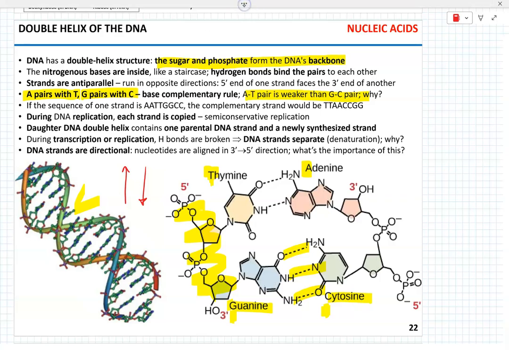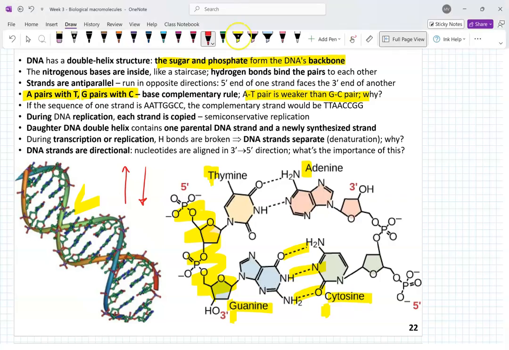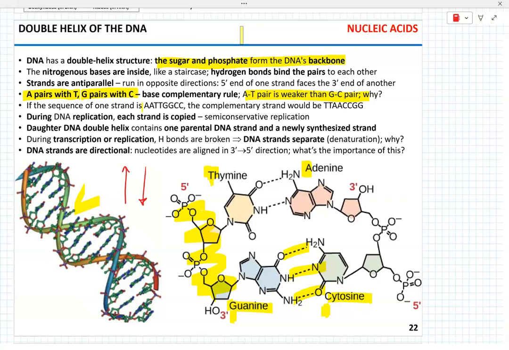If you look at the example in the notes that I provide, you can see that if the sequence of that strand is AATTGGCC, then the sequence of the opposite strand will be TTAACCGG, basically complementary strands.